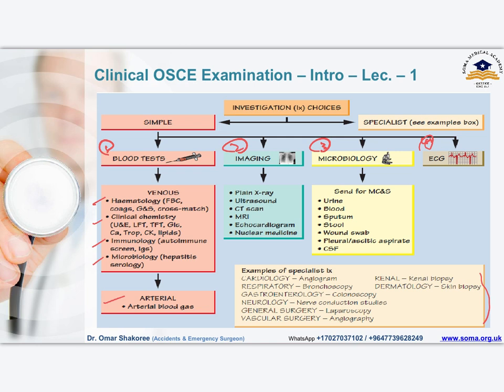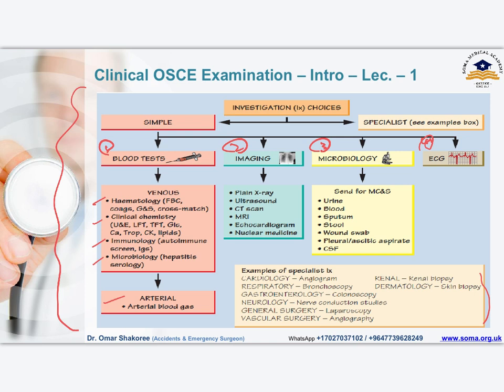For example, hematology: full blood count, coagulation study, culture sensitivity, cross-match; clinical biochemistry like liver function test, renal function test, glucose, calcium, troponin, etc. Immunology like autoimmune, IgA, IgG, IgM, whatever. Microbiology like hepatitis screen, hepatitis serology. So remember the main idea: this is the main investigation in any problem.